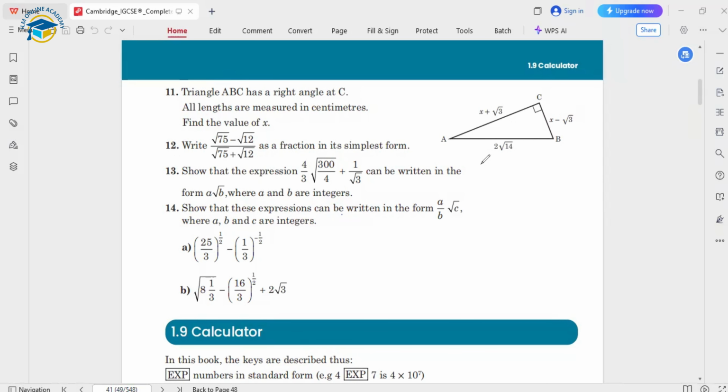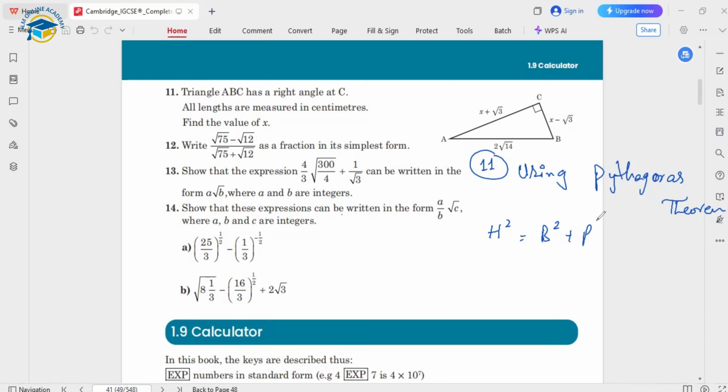So part number 11, I will use the Pythagoras theorem. The Pythagoras theorem is hypotenuse square equals base square plus perpendicular square. It's a right angle triangle, so Pythagoras theorem only works with right angle triangles.